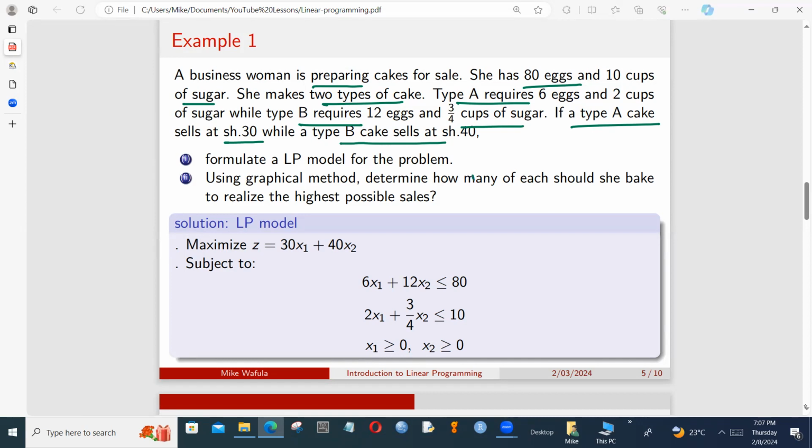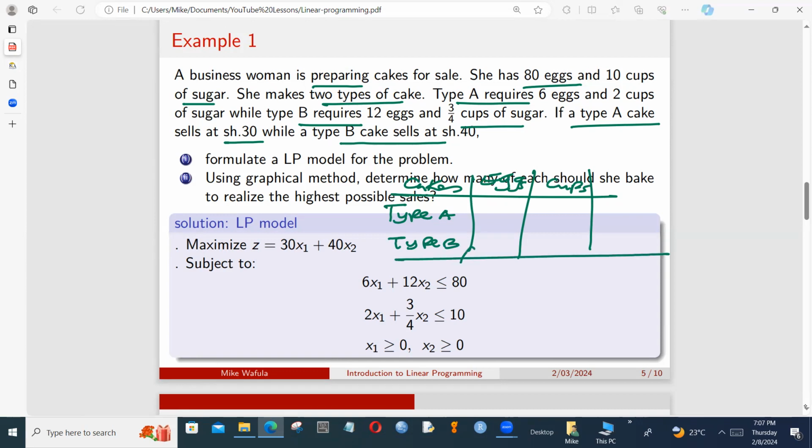So before we even try to define the decision variables, we may want to structure this kind of narrative in this form. I may call these cakes, because you're having 2 types of cakes, type A and type B, and I have the first resource being eggs, and the second one being cups of sugar.